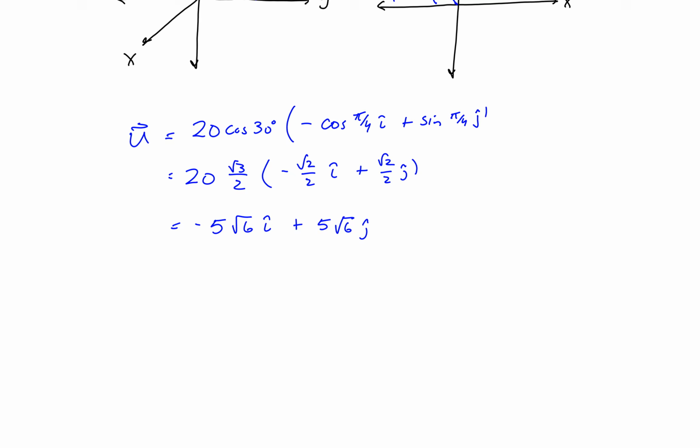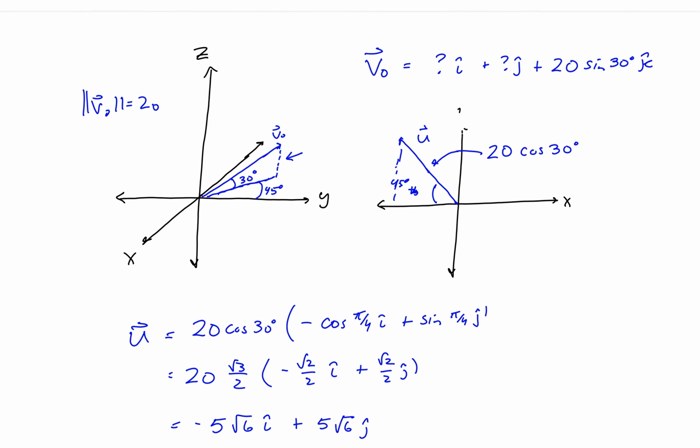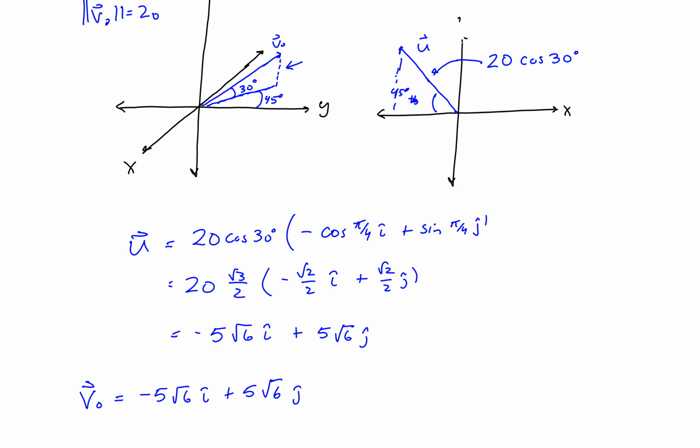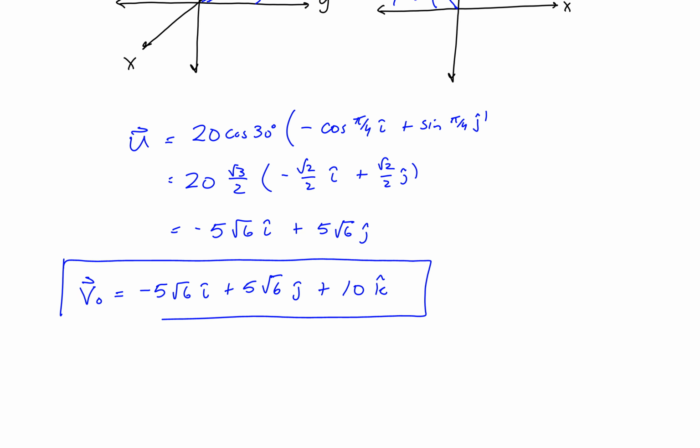And now we can plug that back in for our initial velocity, and we get minus 5 root 6 i plus 5 root 6 j. And then remember, we found our k value was 20 sine of 30, and sine of 30 is 1/2. So this is plus 10k, and that gives us our initial velocity.